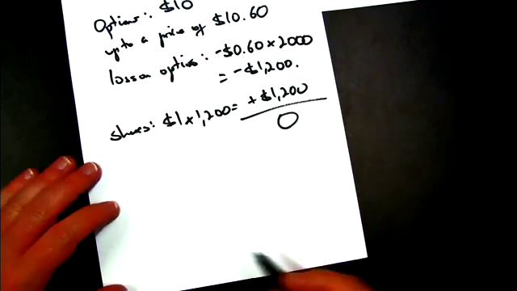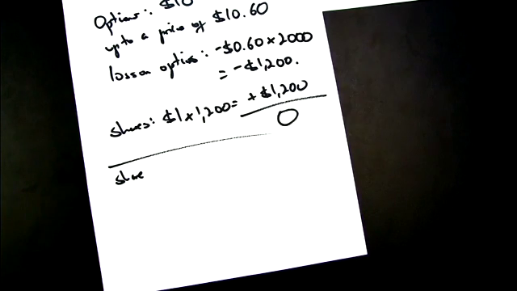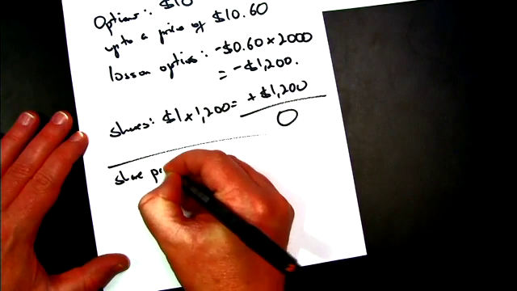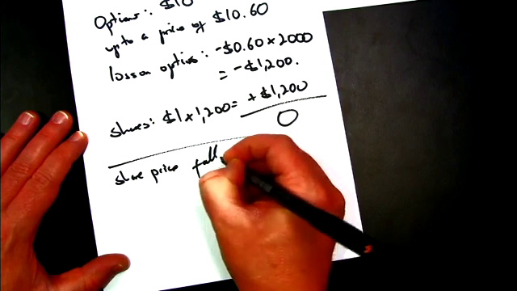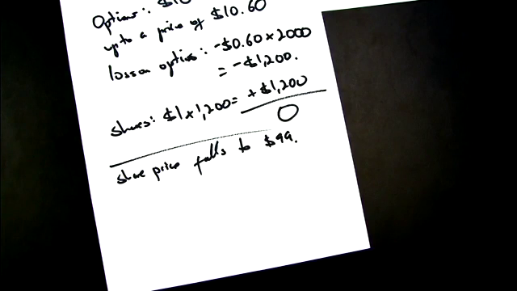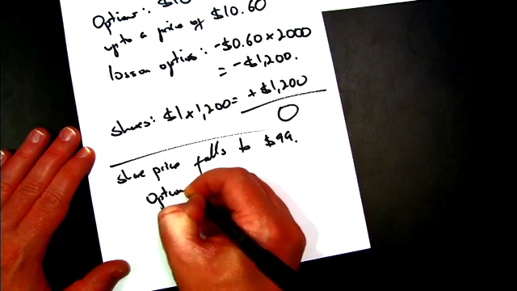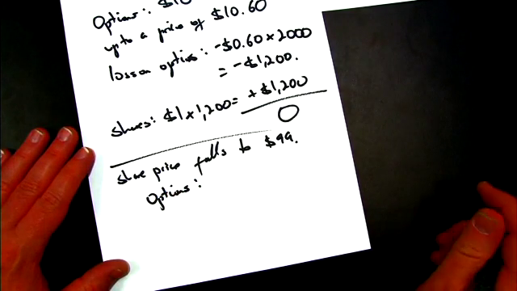Now let's imagine that the share price falls to $99. I can be no worse off, I can also be no better off. So my options, what are they now going to be worth?